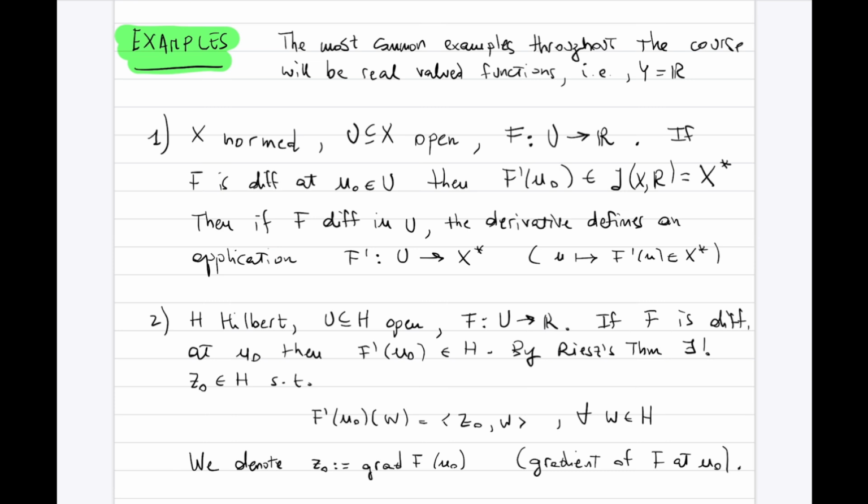So in this case, if f is differentiable in the sense of Frechet at some u0 in U, then the Frechet derivative is a linear continuous operator from X into R. So in other words, it's an element of the dual.